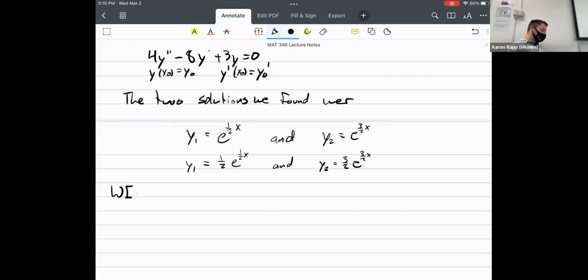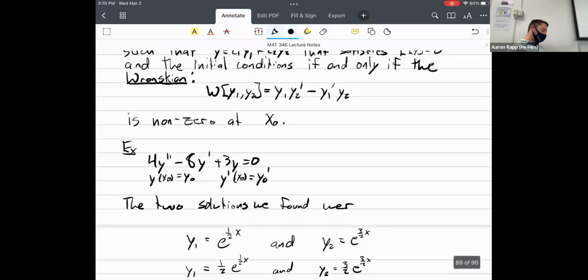So then I calculate the Wronskian of these two solutions, which means I take y1, multiply it by the derivative of y2. Subtract it. I did subtraction up here, right? Good.